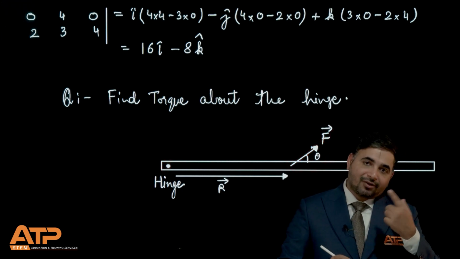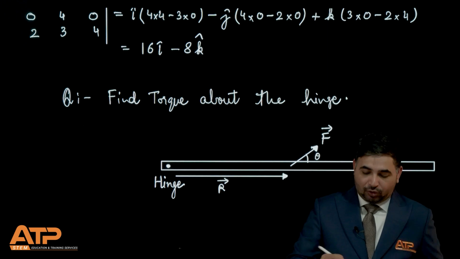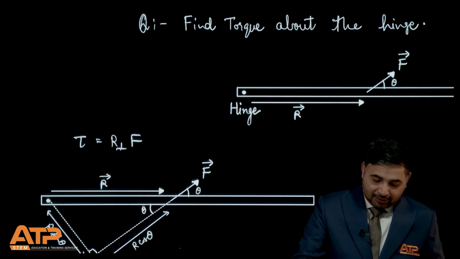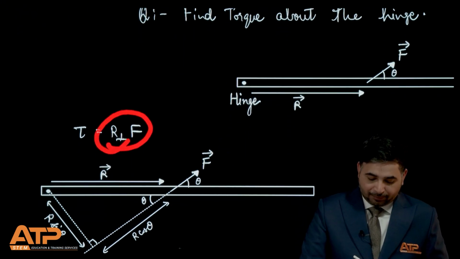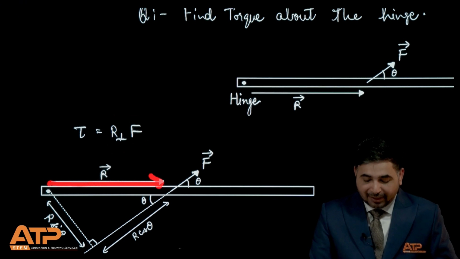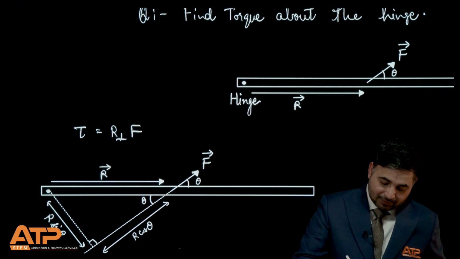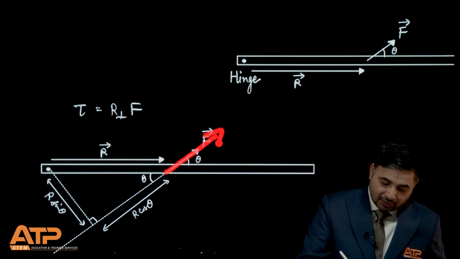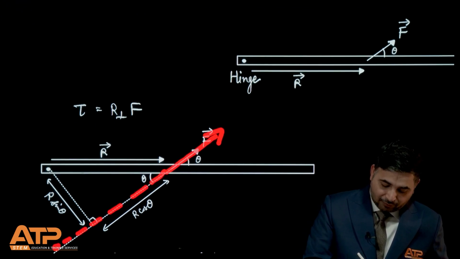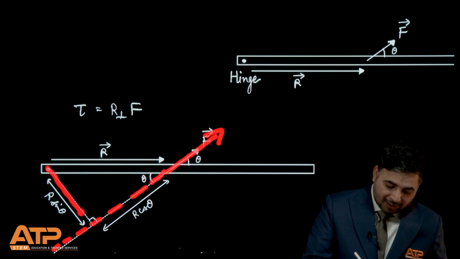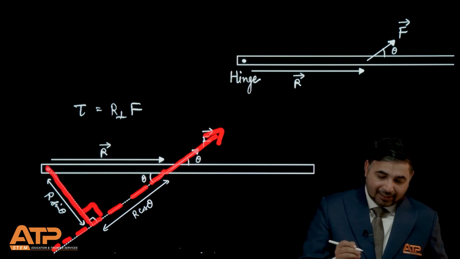Okay, let's use our first method, R perpendicular into F. If we have to use R perpendicular, this is our R vector, but we need the perpendicular distance from the line of action of force. This is the force, so this is the line of action of force. Now we need to drop a perpendicular on this line of action.